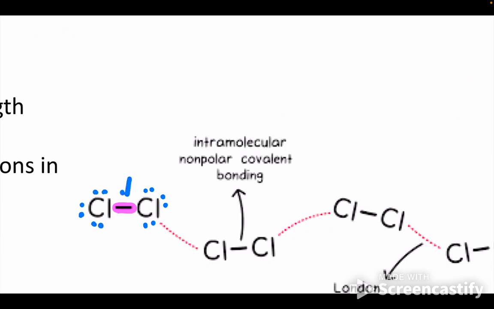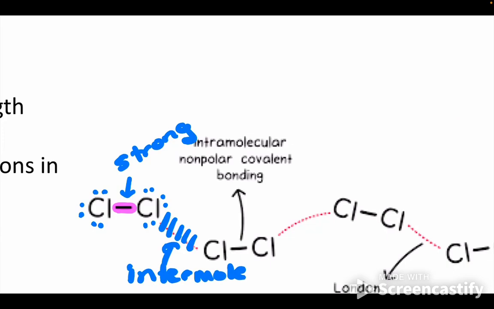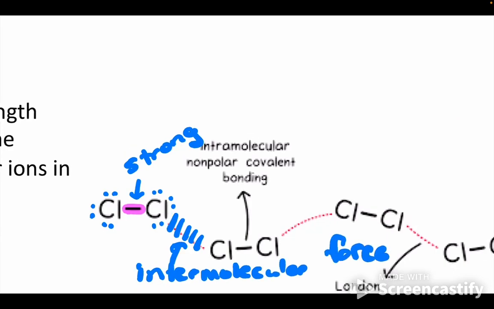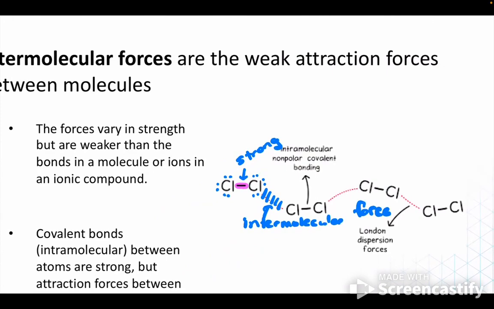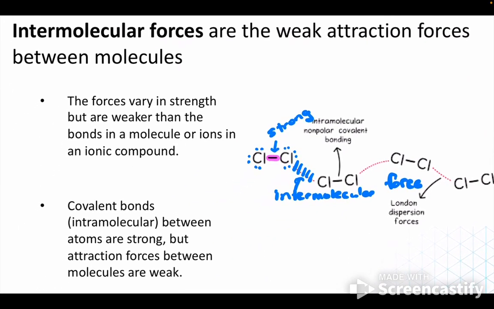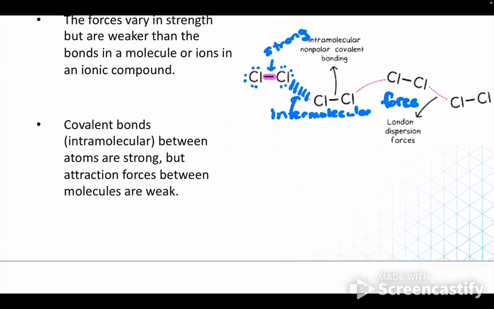This is relatively strong. But this attraction between this molecule and the nearby molecule, this is what we call an intermolecular force. These are weaker, but they still are important. They vary in strength, and we're going to learn about the different types of these.